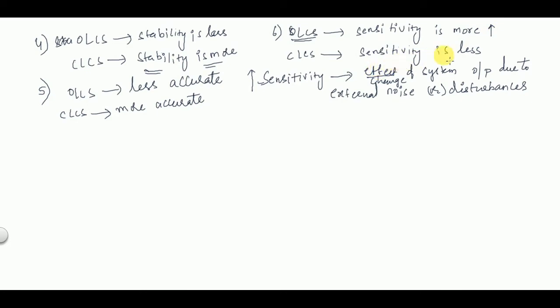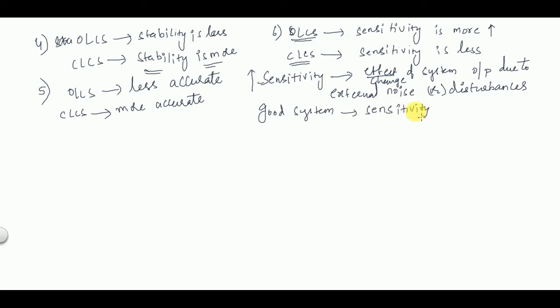But since there is a proper controlling mechanism through the feedback network, in the case of closed loop control system, sensitivity is going to be less. So for any good system, the sensitivity must be low.